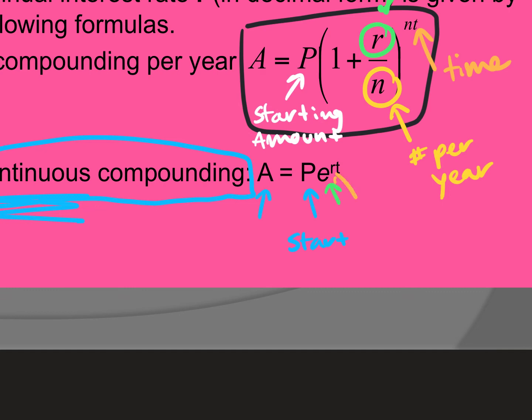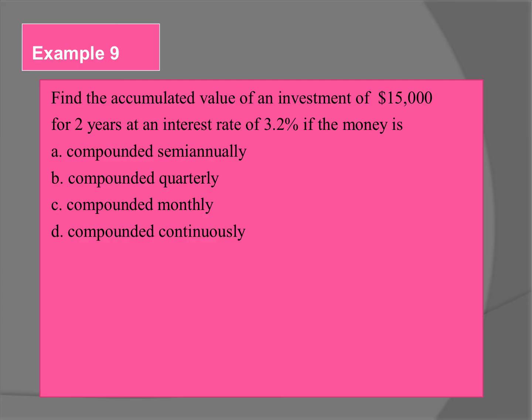R, again, is our rate. But it has to be the decimal version, again. And then T is time. So these are the questions that you definitely will need your calculator for.